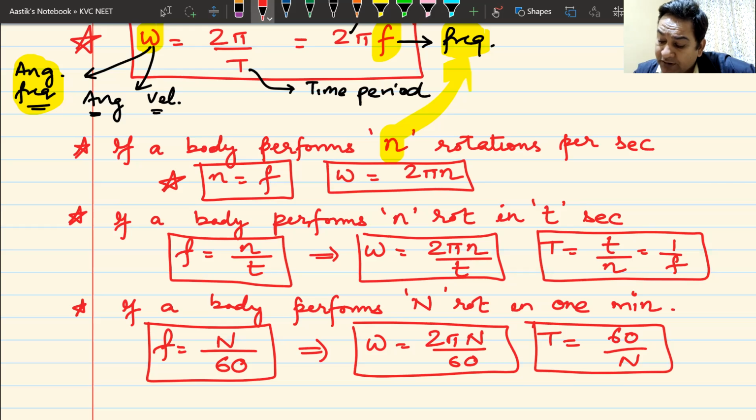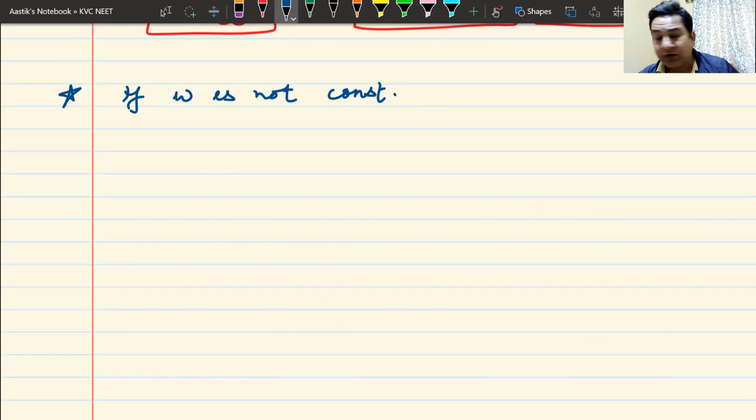Now, the next point is in blue: if omega is not constant. If omega is not constant, then the motion becomes non-uniform circular motion.